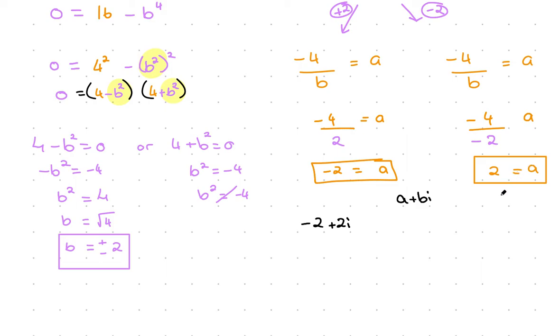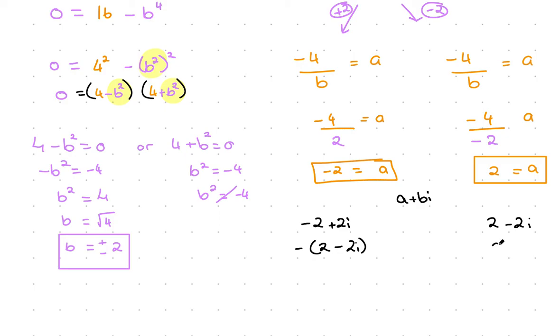And the other one that I have is a, which is 2, and plus bi. b in this scenario, remember, was minus 2, so I've got minus 2i. Now what I can actually see is that these two are really, really close in value. What I could actually say is, well, I'm going to divide by minus here, and what I'm going to get is 2 minus 2i.